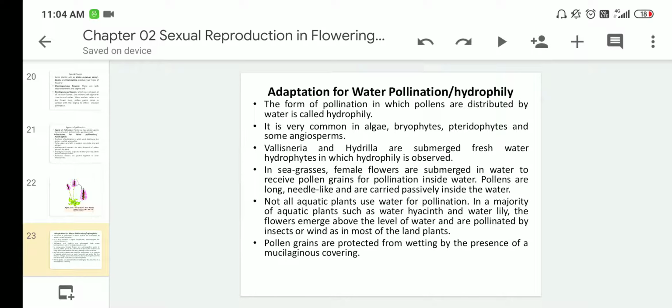In sea grasses, female flowers are submerged in water to receive pollen grains for pollination inside water. Pollens are generally long, needle-like or ribbon-shaped, are carried passively inside the water.